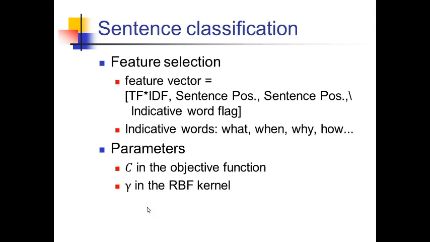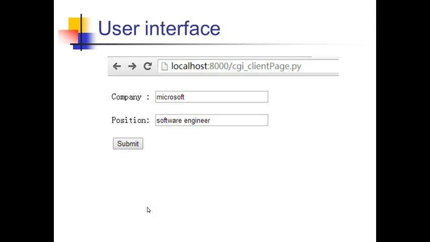And for the SVM I used, there are two parameters: the constant C in the objective function, and the gamma in the kernel function. And I will discuss how these two parameters will be chosen.